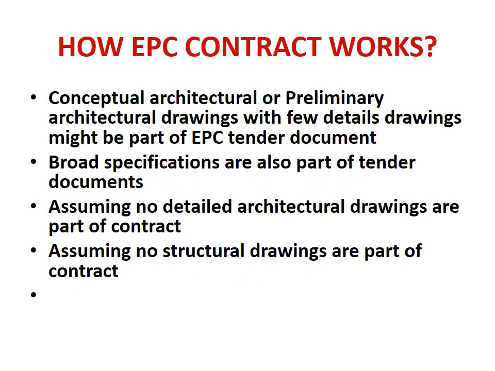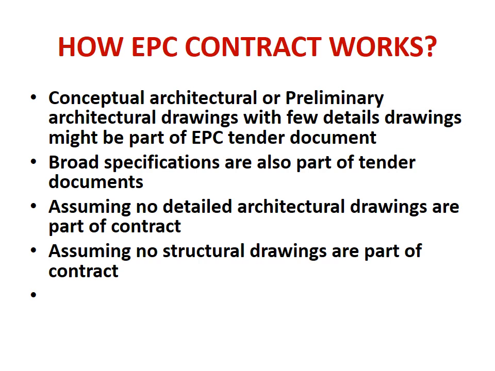Now, how does an EPC contract work? Let us see. The first conceptual architectural drawings or preliminary drawings are normally prepared by the employer, and then they have a few details that may be part of the EPC tender document. Then broad specifications are also included in the tender document.